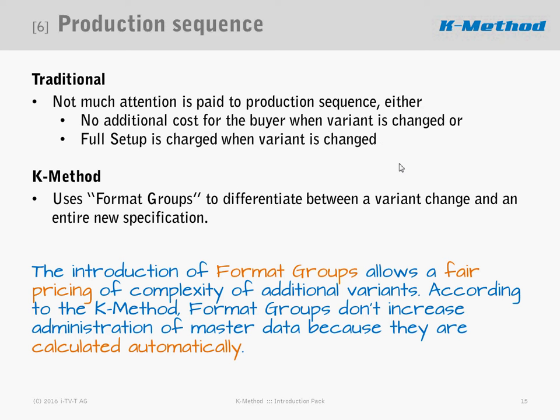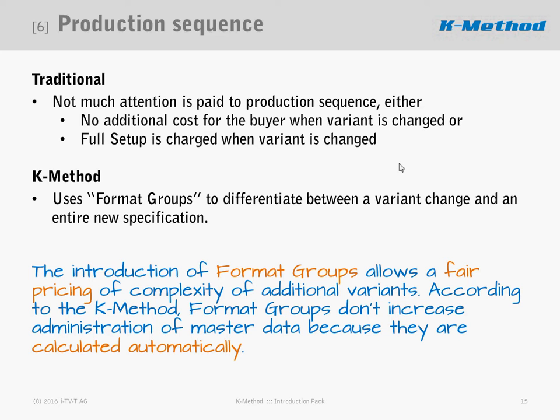Production sequence. We do know that the supplier, when he produces packaging materials, will have to set up a machine, which is mainly costly, and then produce the packaging material. But we also know that two different packaging material items don't necessarily require a full setup when they are produced with a supplier in sequence, one after the other.